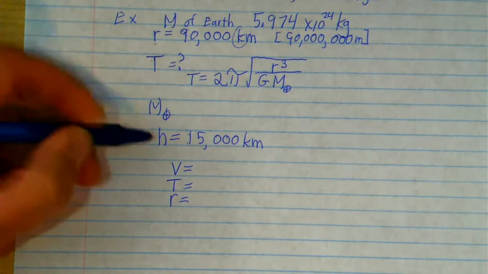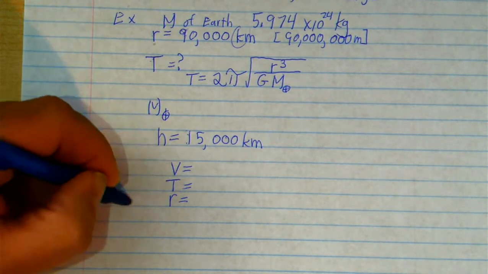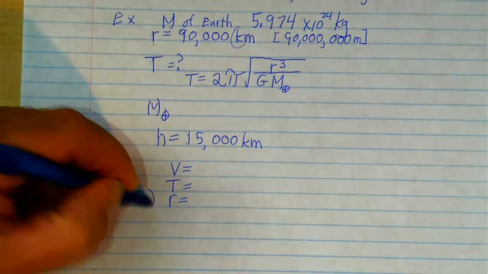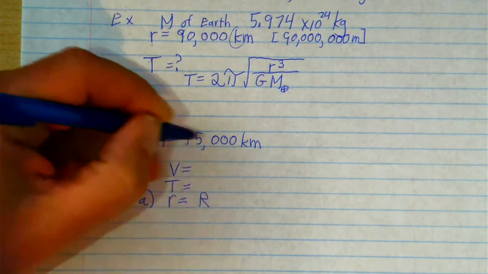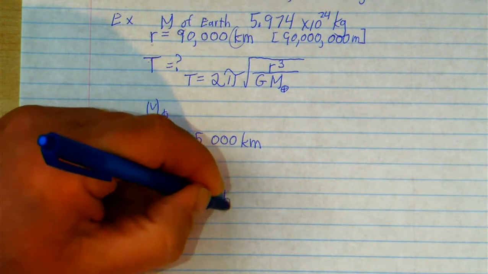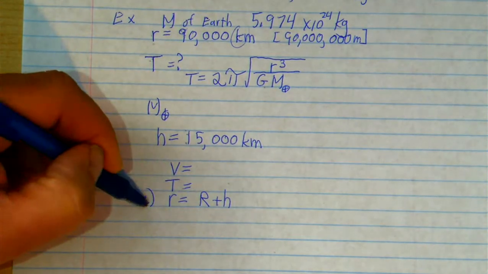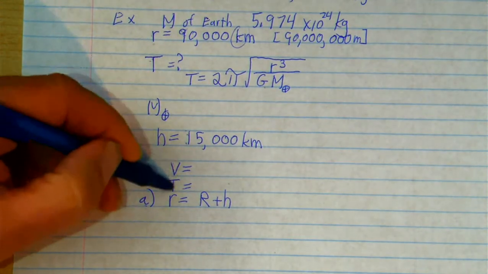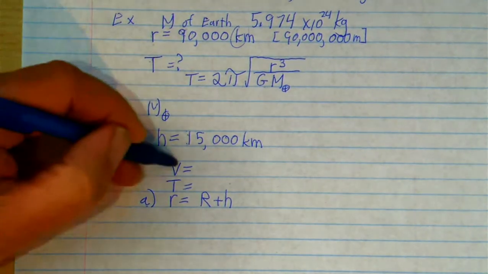Now, as you work out these three answers, really, you should do the orbit radius calculation first and say, oh, that's equal to the radius of the Earth plus its altitude. After you have this answer, then you can do either the velocity or the period, because these are independent.